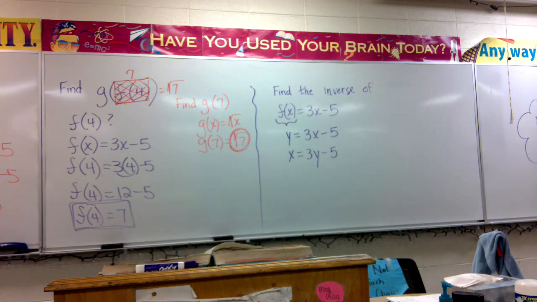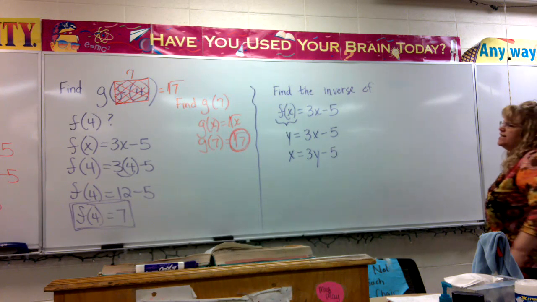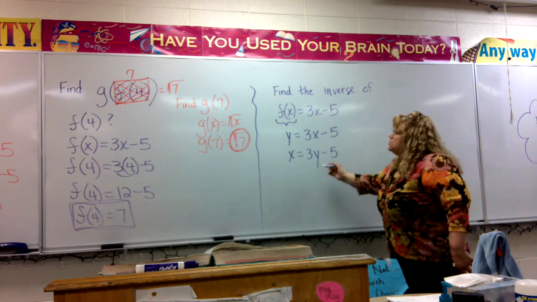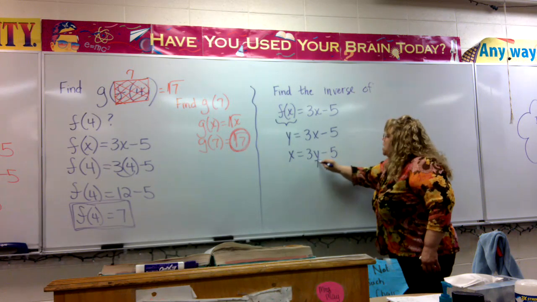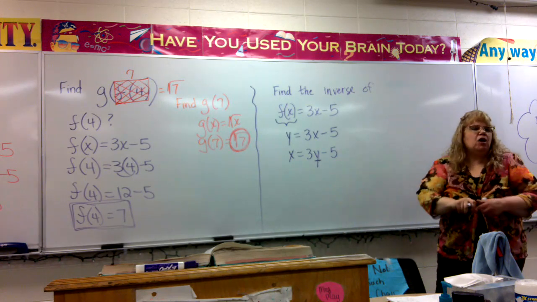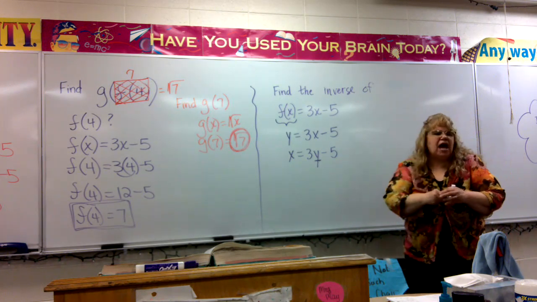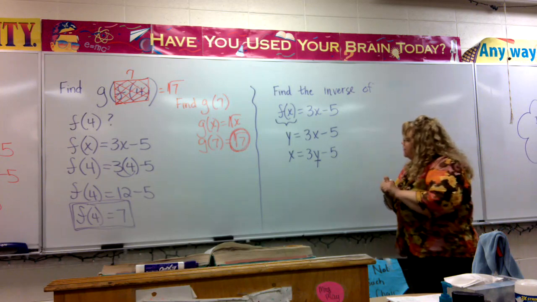I'm just writing it through. And now we're going to solve this. This will be the math step. Solve this for y. We want to get y by itself. Well, what would you do to both sides to get y by itself?